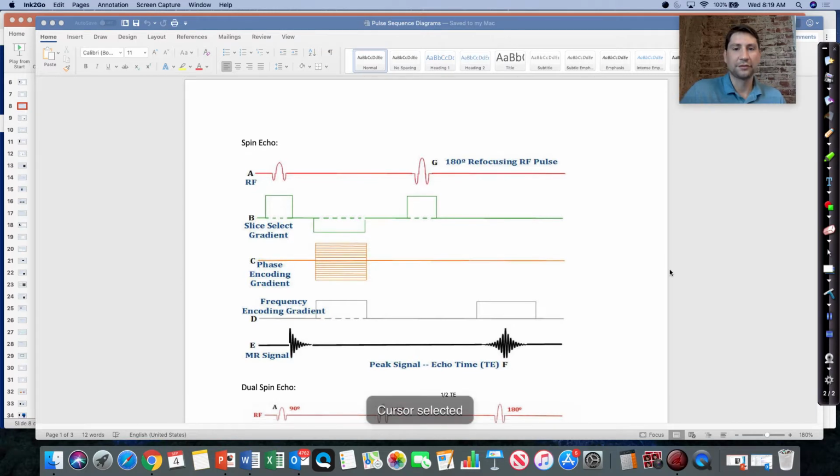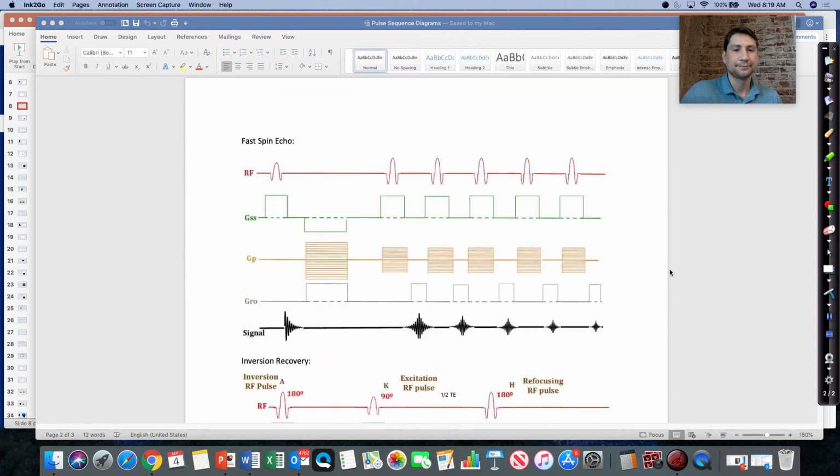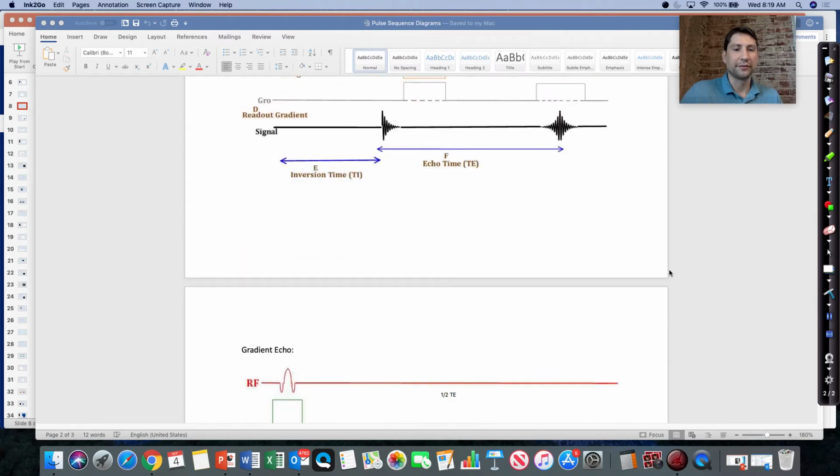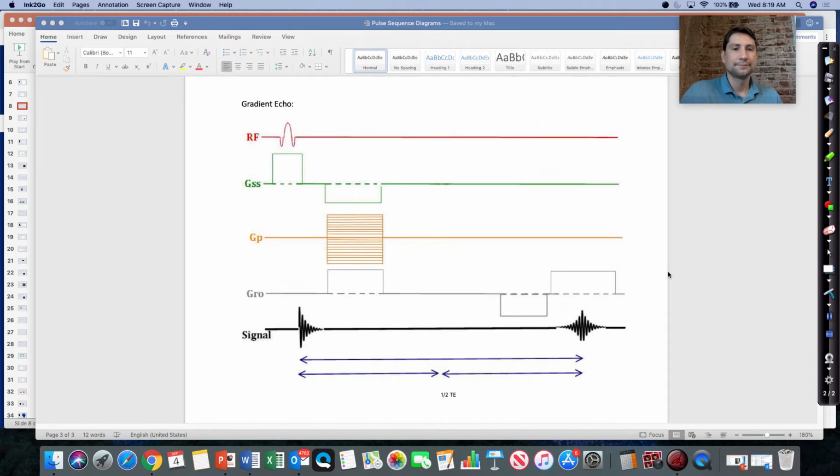All right, so let's scroll down to now our gradient echo pulse sequence and show you the difference. Okay, so here's our gradient echo pulse sequence diagram. And here we have that first RF pulse.